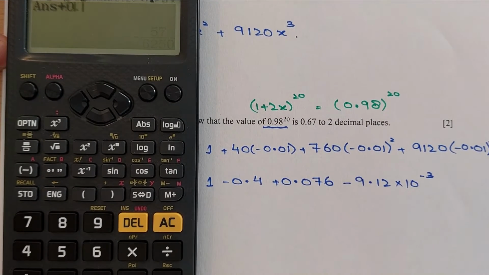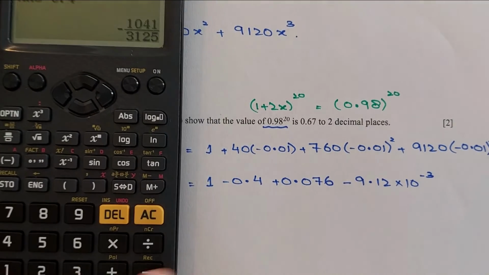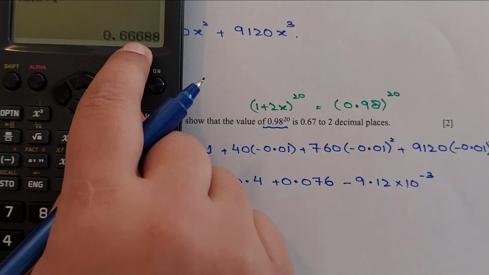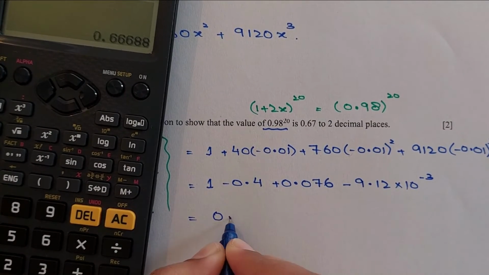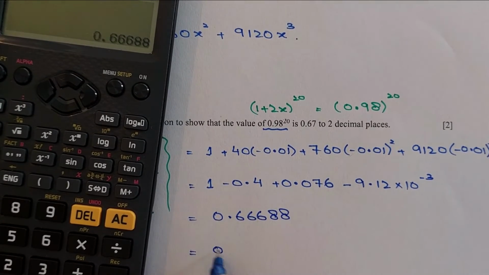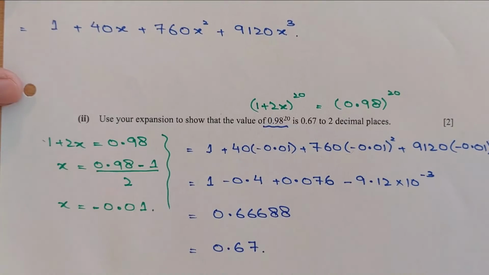Then add 0.076, then negative 0.4, then add 1. So this equals 0.66687. So up to 2 decimal places, for 2 decimal places 0.6 and this is 6, so add 1, so 0.67 up to 2 decimal places.